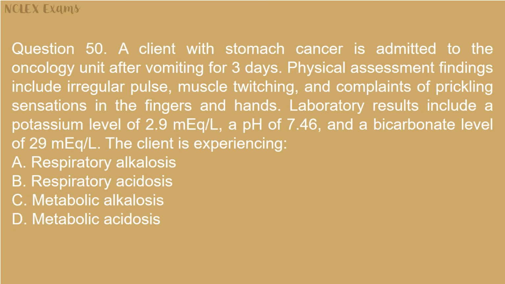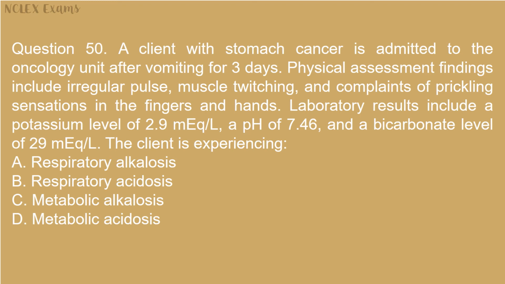Question 50. A client with stomach cancer is admitted to the oncology unit after vomiting for 3 days. Physical assessment findings include irregular pulse, muscle twitching, and complaints of prickling sensations in the fingers and hands.